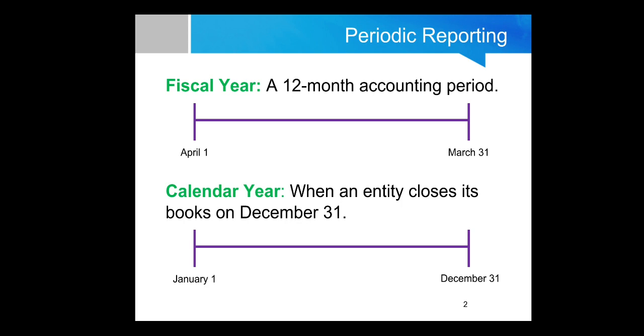When you do accounting records, firstly you have to assume that the business will continue to operate in the future, and the second thing is related to this time period assumption. You have to assume that the life of the business can be divided into periods. Most of the time, see the first point in this slide, businesses divide the life of the business into 1 year.